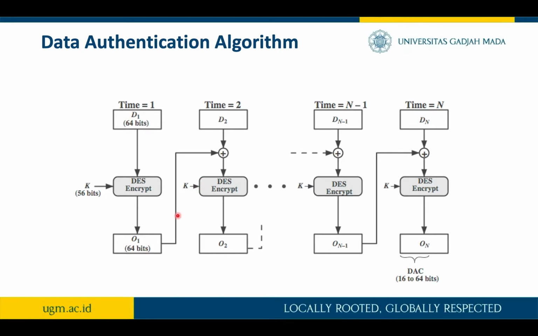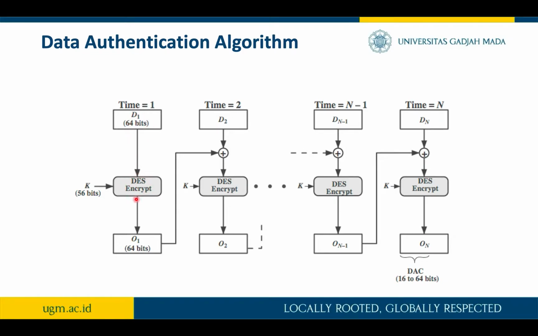So this is the illustration of the data authentication algorithm, or DAA. We have here n blocks. Remember that we use zero paddings at the end for the final block. So this is the first block.